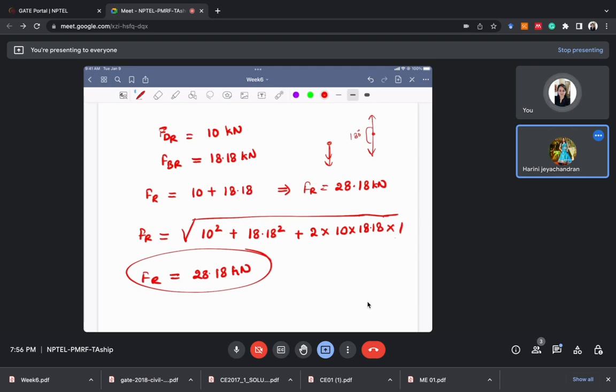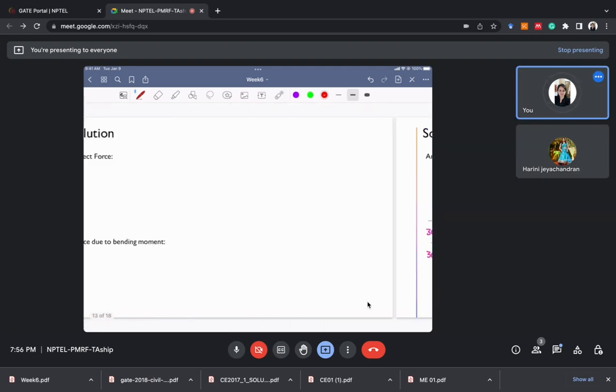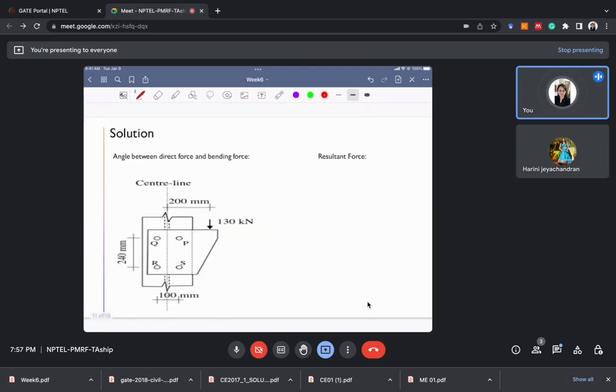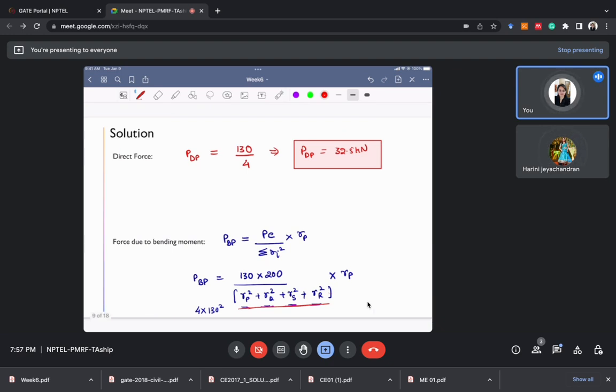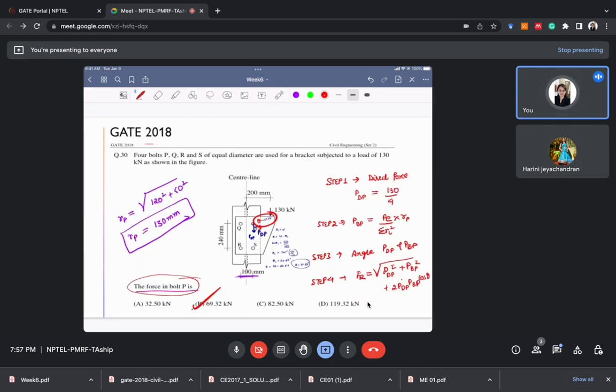Can you do these types of questions now? Just find these types of problems in previous GATE years and try to solve them using these 4 steps. If you are sure, you can write it in your notes diary. Every time you are solving these types of problems, just follow these 4 steps.